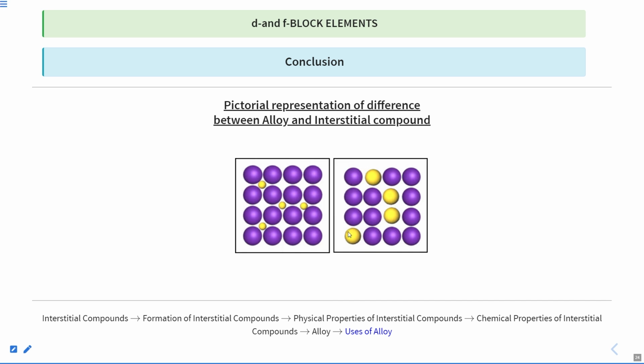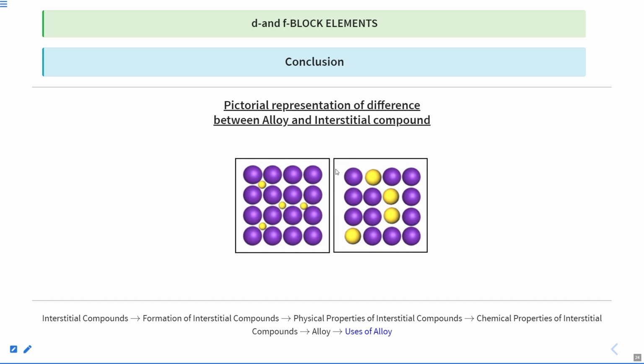Whereas in case of alloy, we have taken two different elements. Both elements have comparable atomic radii, and due to that reason, instead of getting in between, they have substituted the purple atom with the yellow atom. So they have substituted one lattice point only. Similarly, here it is substituting one, here one, and here one.